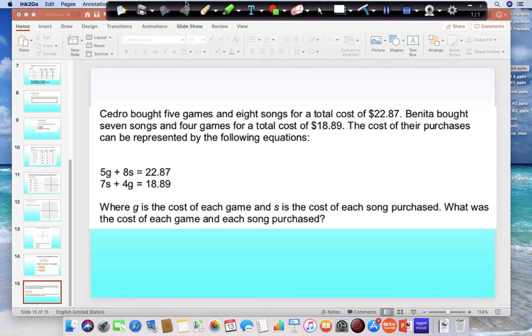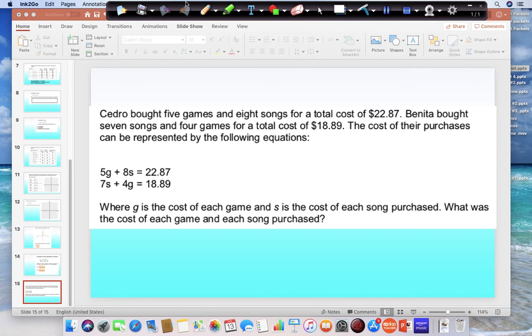The cost of their purchases can be represented by the following equations. 5G plus 8S equals 2287, and 7S plus 4G equals 1889, where G is the cost of each game and S is the cost of each song purchased. What was the cost of each game and each song purchased?